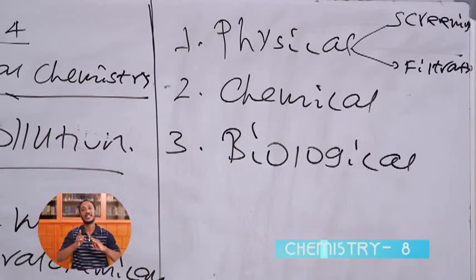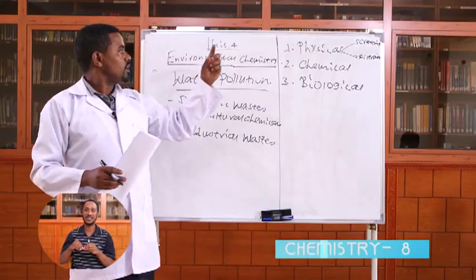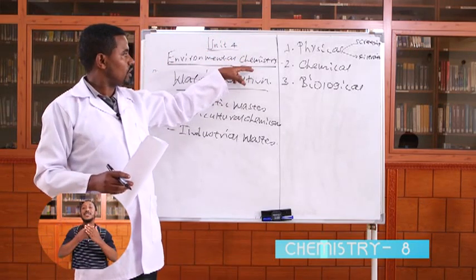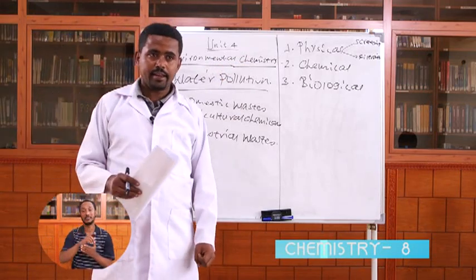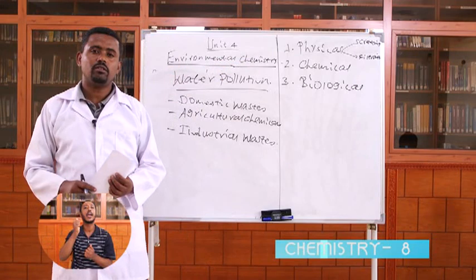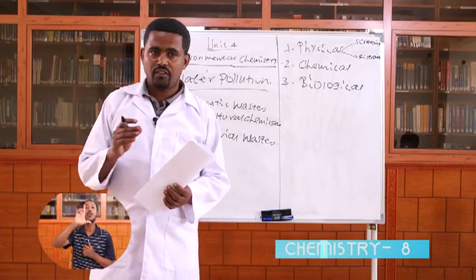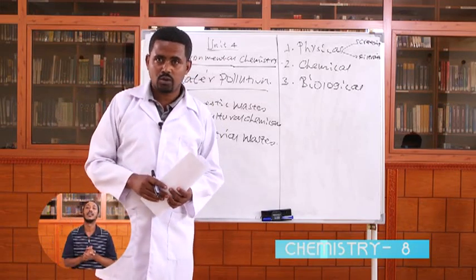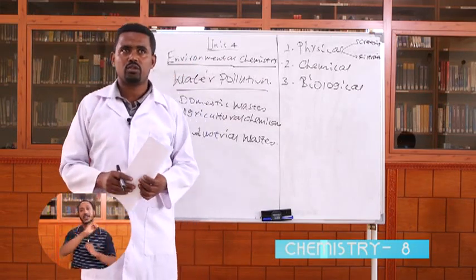Okay. To summarize today's lesson, students, we tried to see environmental chemistry. Under this topic, we tried to see air pollution, air pollutants, effects of air pollution, global warming, and water, especially hardness and softness of water.